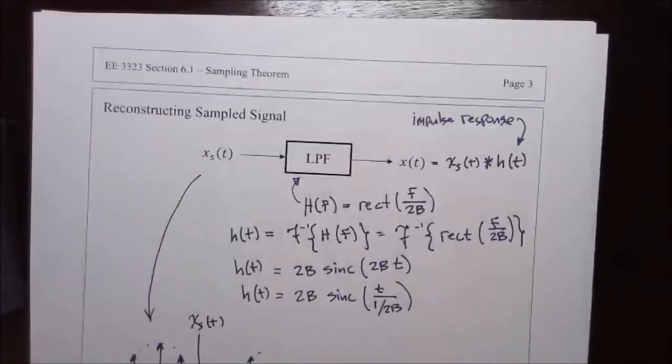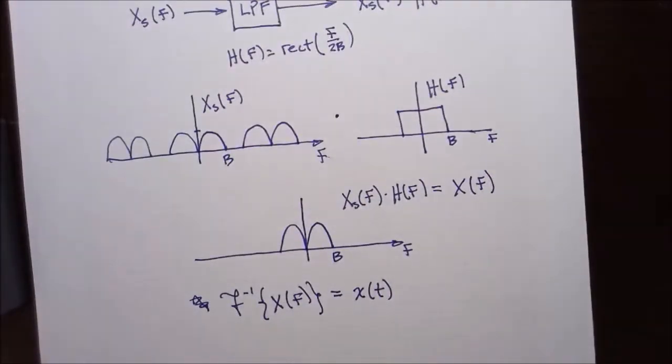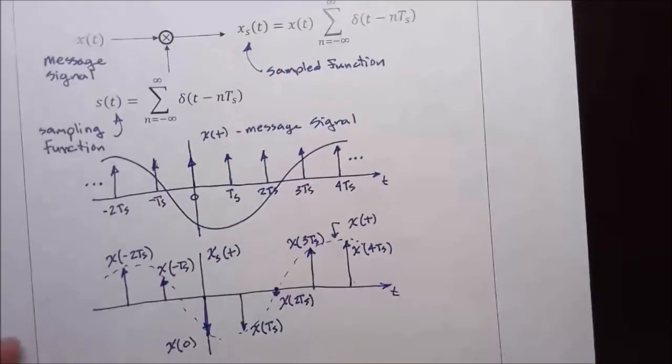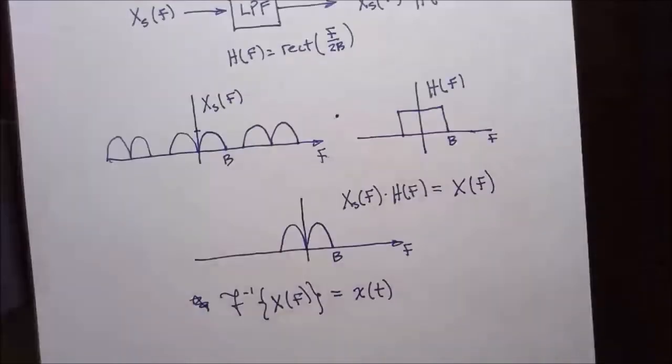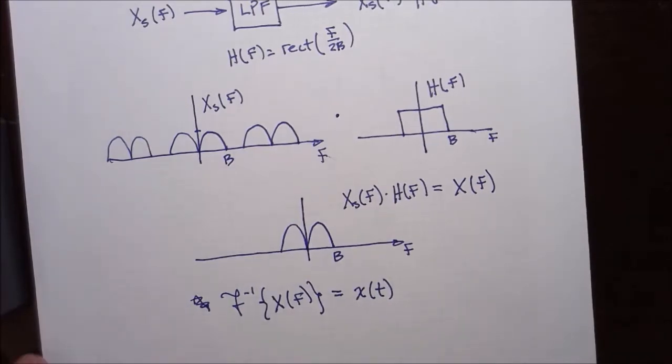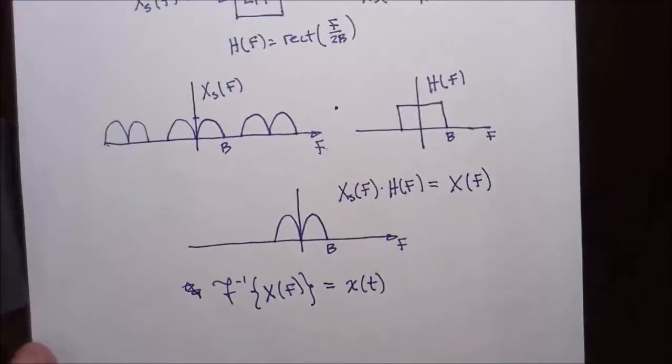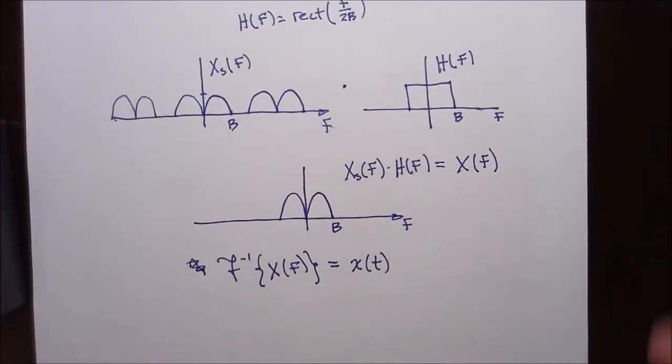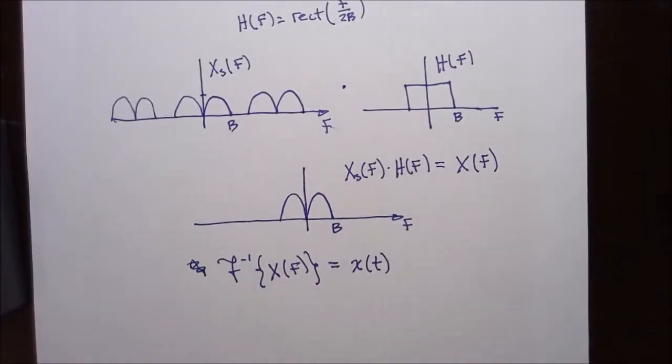Now remember that this is all idealized, using as the sampling signal a string of delta functions. So we'll look at more practical cases in a few moments, but this is the idealized system.